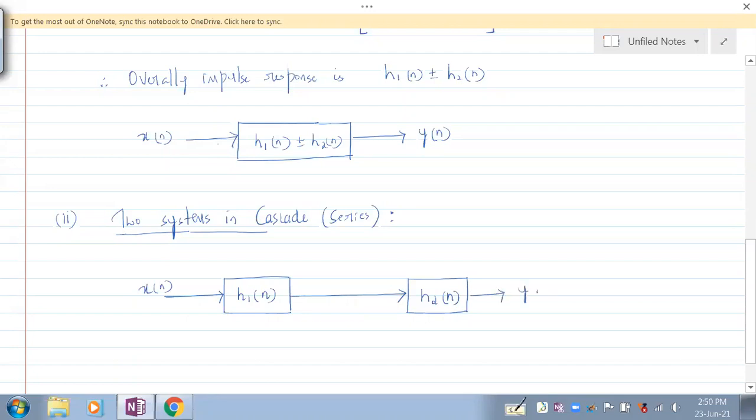Then this is the overall output. Let the output of the first LTI system be y1 of n. In a cascade connection, the output of the first LTI system is the input to the next LTI system.